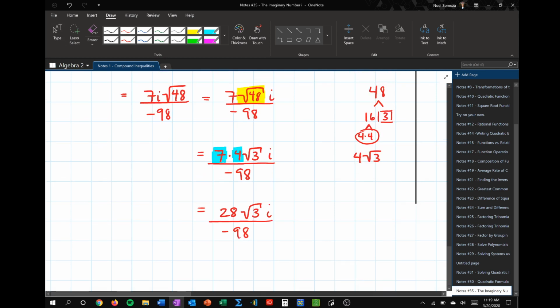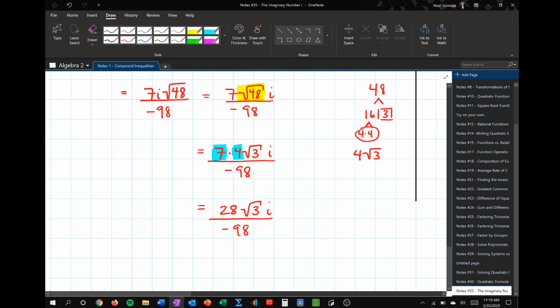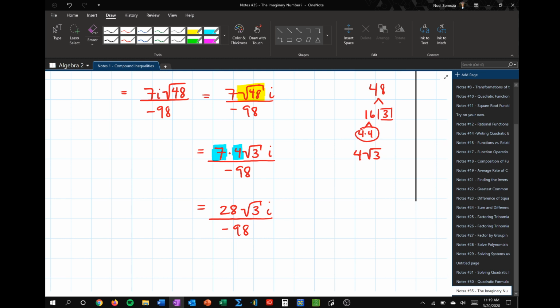Okay, so finally, the only thing left to do now is I have to find a way to simplify 28 divided by negative 98. I gotta look for a common factor that can divide both. So we can search for it. I believe here they both have 14 in common.